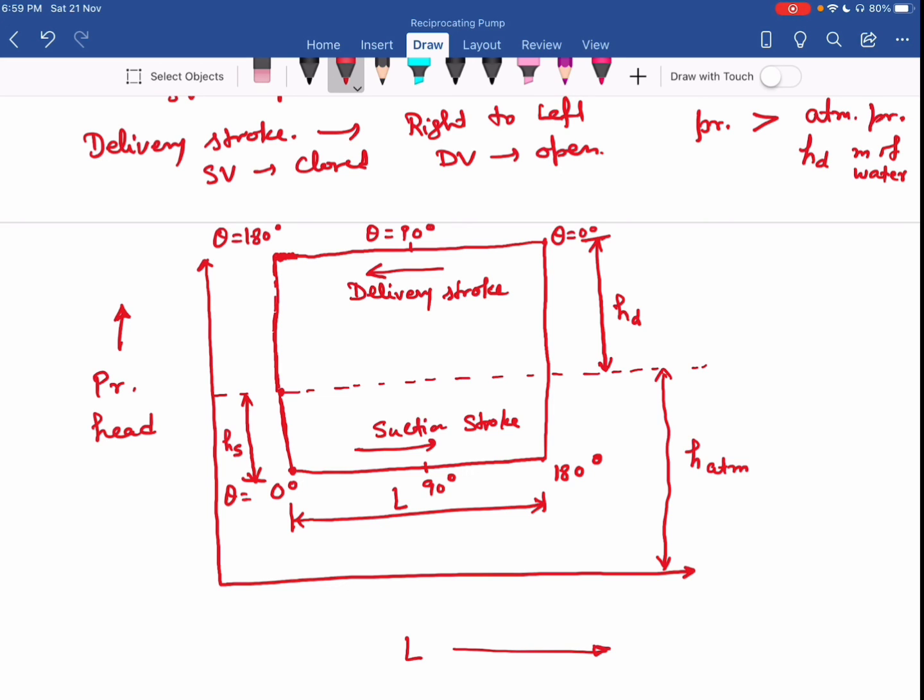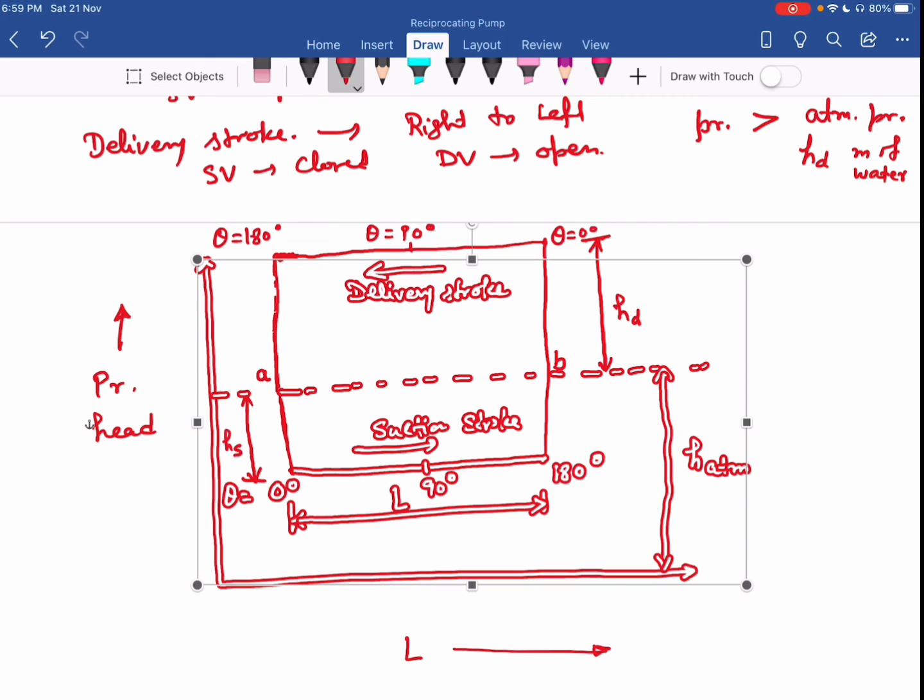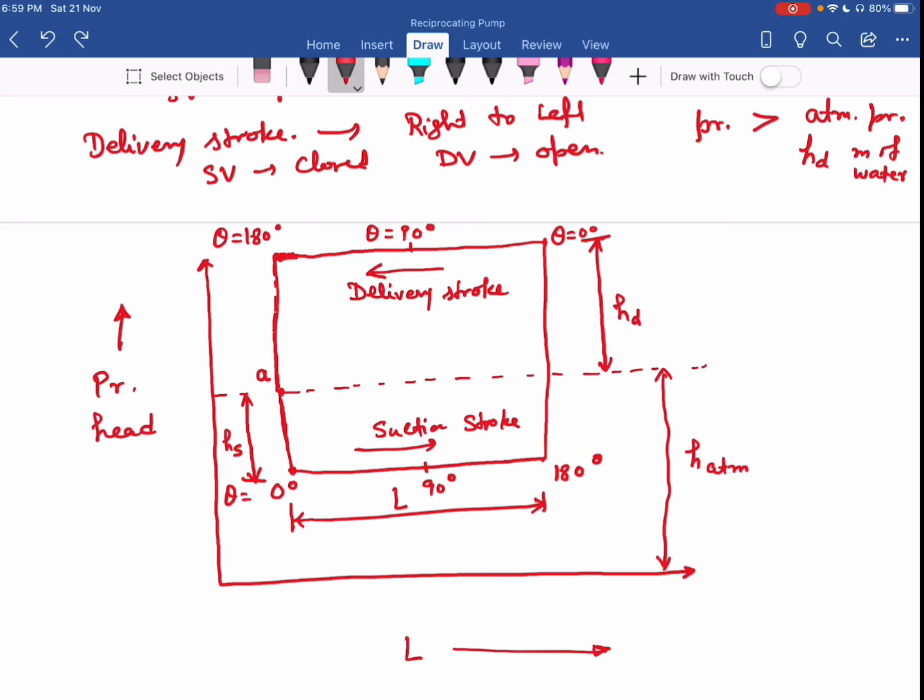So you can see here, I start from A. Okay, so A to B, that is the pressure head corresponding to atmospheric pressure. Then CD line for suction stroke, and EF line for delivery stroke. Okay, so this is my ideal indicator diagram.